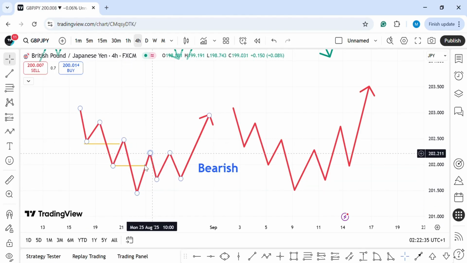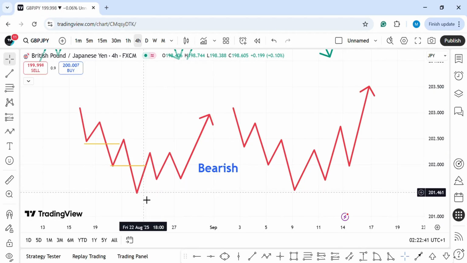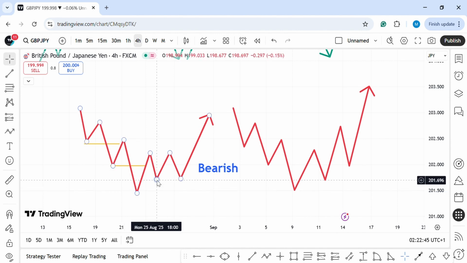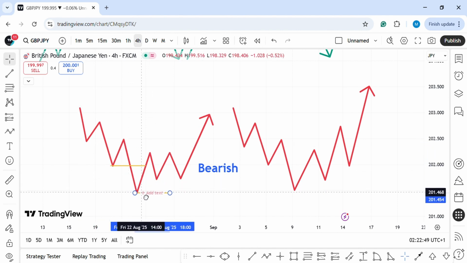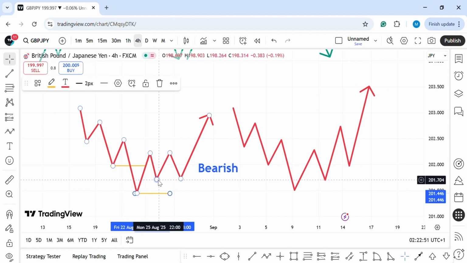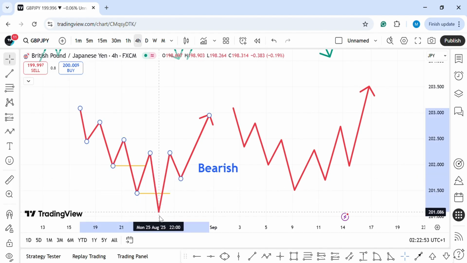And you see what the market did? The market rather pushed up, pushed down again and failed to create a move that will break this low. Ideally, the market was supposed to break this low if the market is in a downtrend. It was supposed to break this low to the downside, but see what the market did. It failed to break the low.